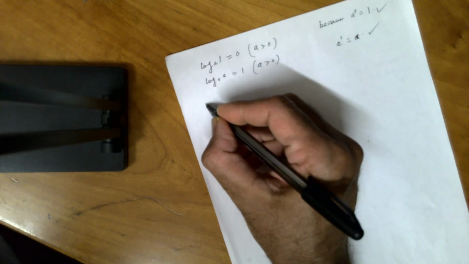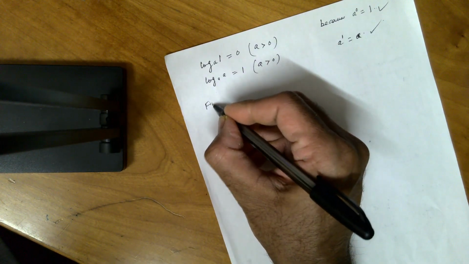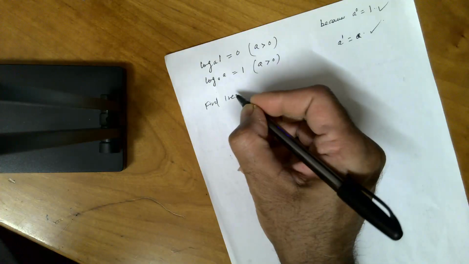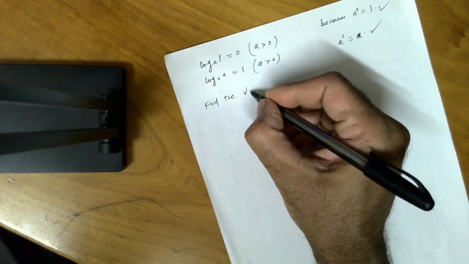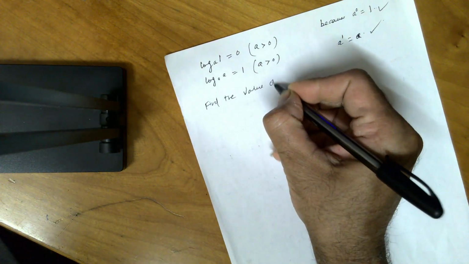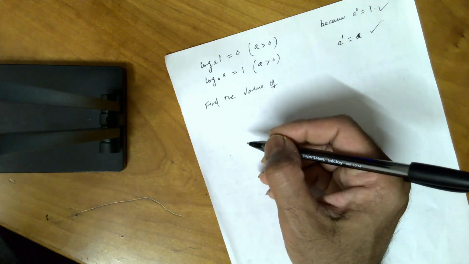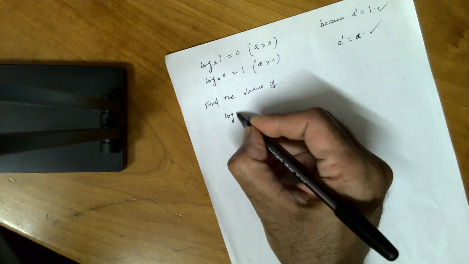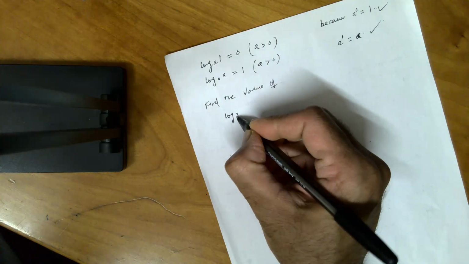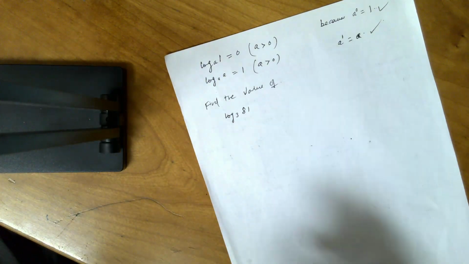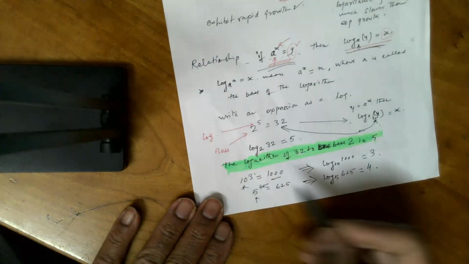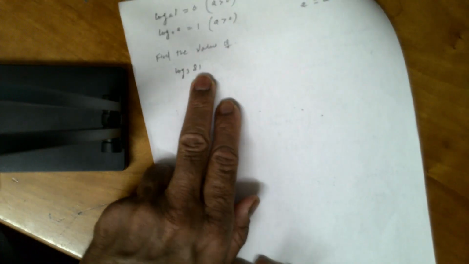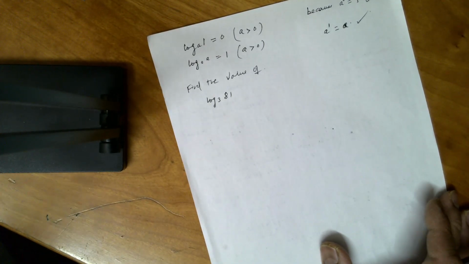So it says here, find the value of, so let's go here, one of the examples, which is, okay, we sometimes say log 3 of 81. Okay, but if you want to use those terms here, logarithm of 81, the base 3, whichever you want to say.